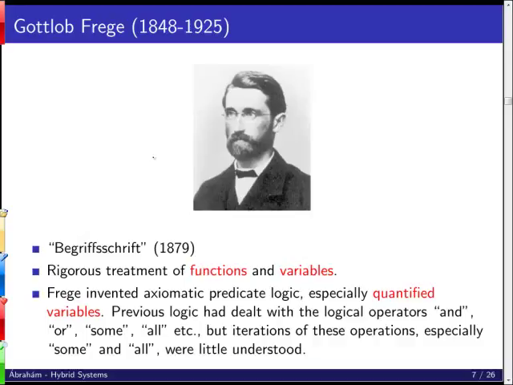If you have a non-nested formula, it is much easier to interpret than a nested one. Iteration and recursion were not defined. So he made the last part, namely defining functions and variables, and defining formally the Boolean operators and also the quantifiers some and all, that means there exists and for all. So at least now they had a formal logic.